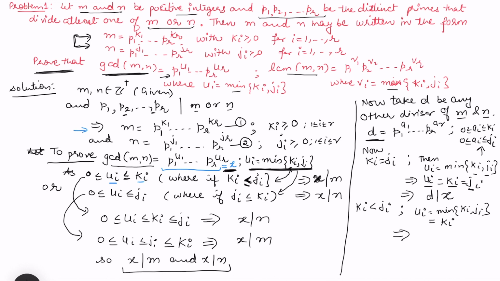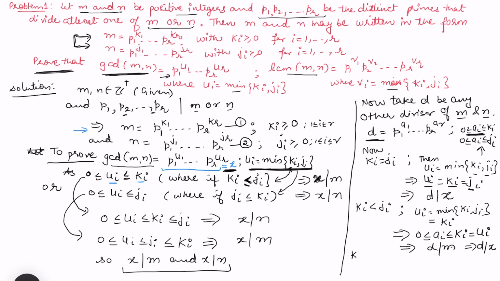So if ui is ki, then ai is still smaller than ki. So this means ai is less than or equal to ki, and ki is ui. Still this follows that d must divide m. And if d divides m, then d must further divide x, because x divides this quantity.